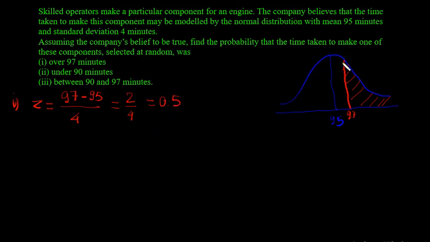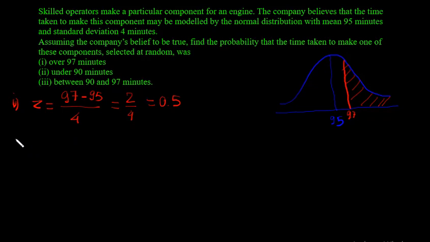We use the formula if we want to find this area here, but in the z-score table, they provide the area from the left of the 97. So we use the z-score table to find the probability of being smaller than 97.